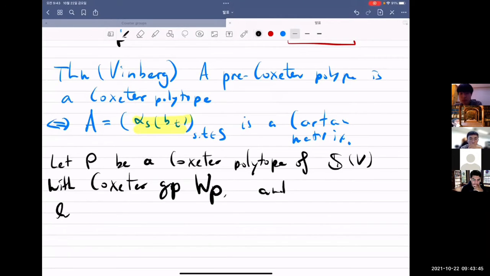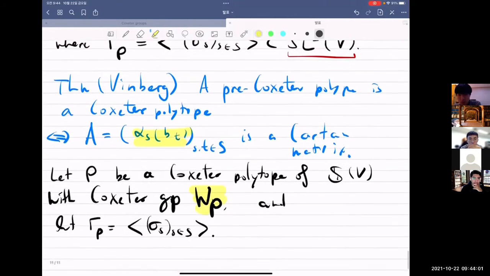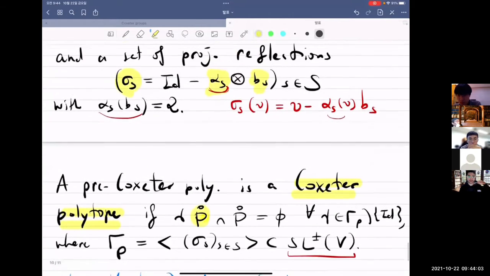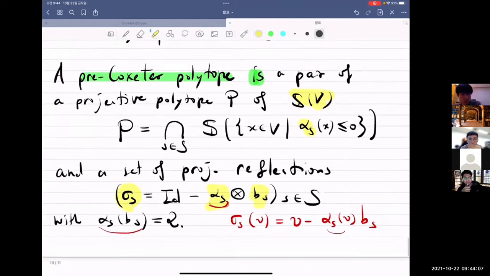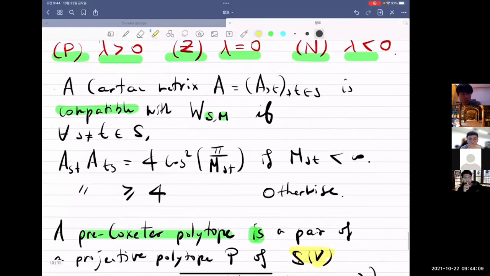and this Gamma P is the group generated by the sigma S, right? It's a reflection group, Gamma P, right? So probably you wonder what WP is. Probably you already have a nice guess. So how can we obtain WP? So P is a Coxeter superlative, so the matrix A is a Cartan matrix, right?